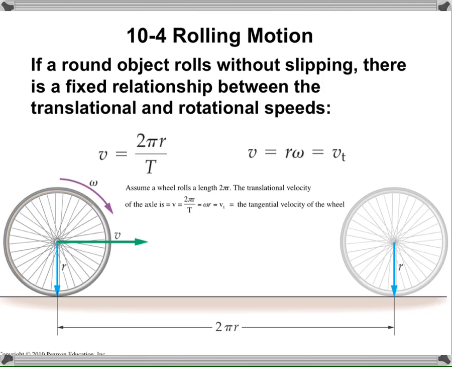So, if I ask you momentarily, what will be the linear speed of this point, right at the top of the wheel, when it's going with a linear velocity of v on the ground? The wheel is rotating, right?